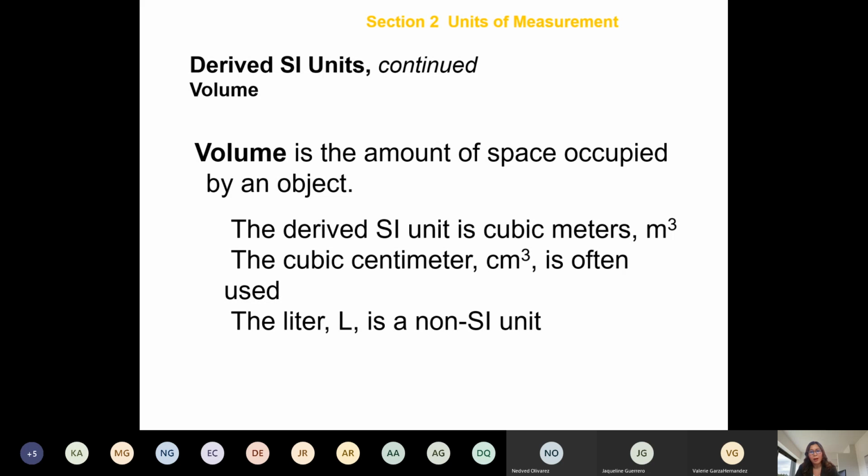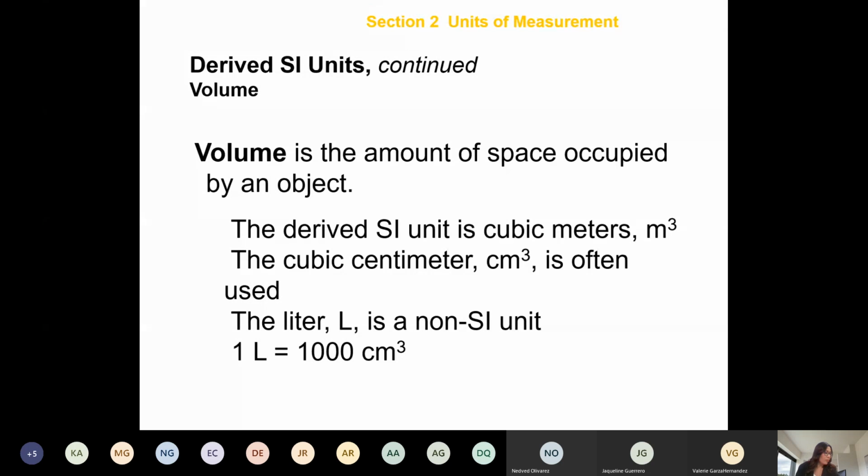So make sure that you put liquids. We always measure liquids in liters or in milliliters. So make sure that you highlight that in your notes or that you put a star by it so that you remember. Liquids are measured in liters or milliliters.